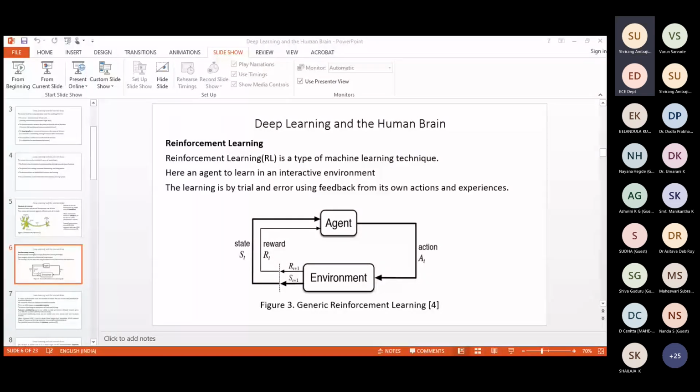So an agent may have n number of options, and each of these options may return a Q value. The larger the Q value, the larger the possibility that the action A will be taken, since the agent expects to get more rewards if it has a larger Q value. Got it? It's pretty simple.